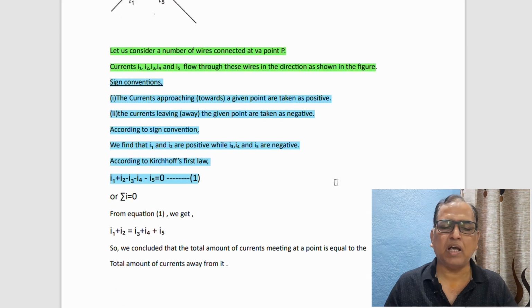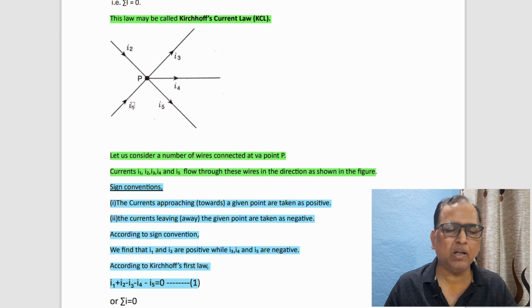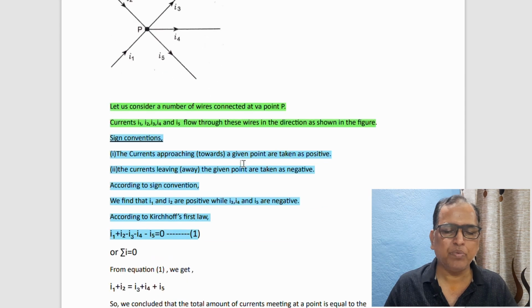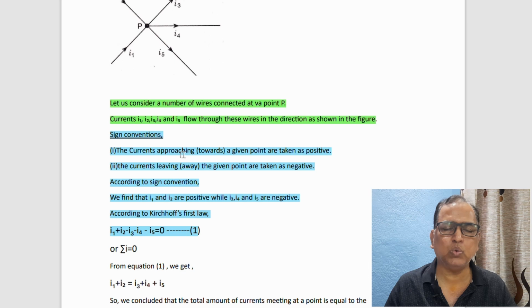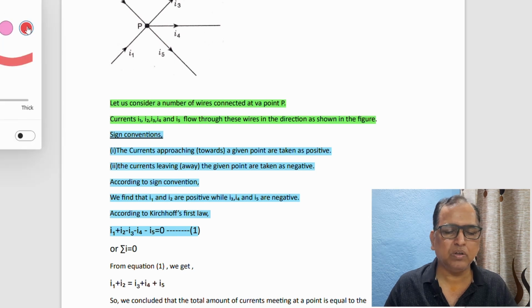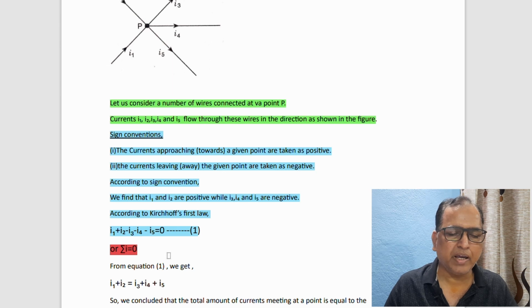According to the sign convention, we would find that I1 and I2 are positive, and I3, I4 and I5 are negative. So I1 plus I2 minus I3 minus I4 minus I5 is equal to 0. That is summation I is equal to 0.